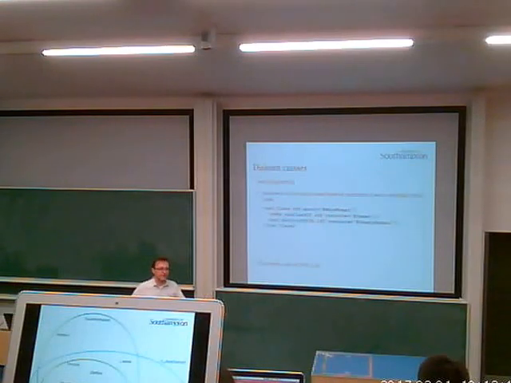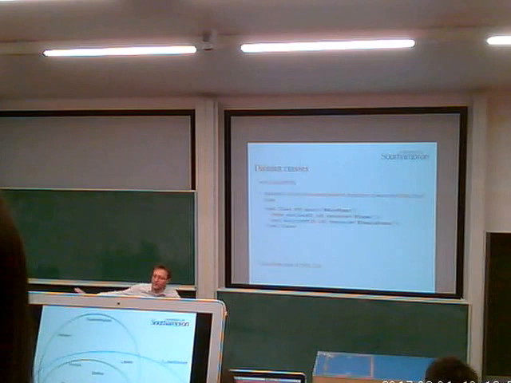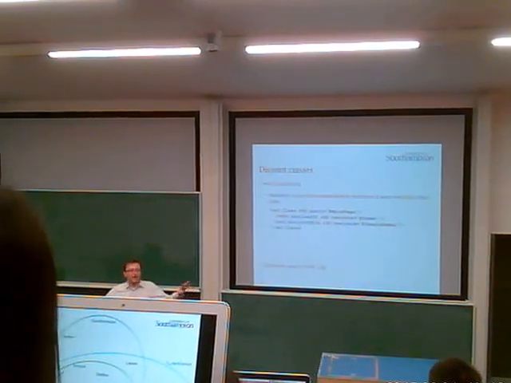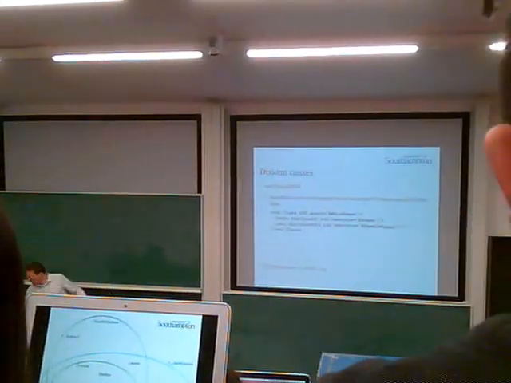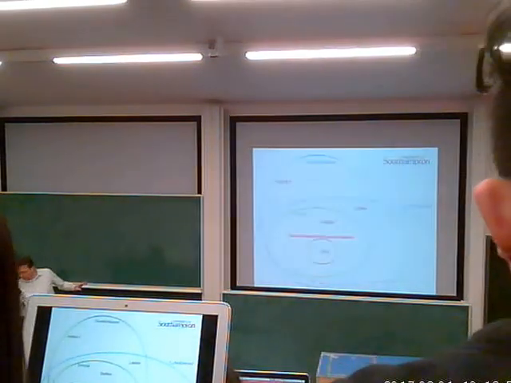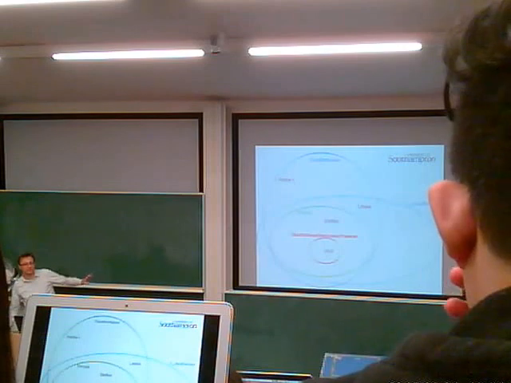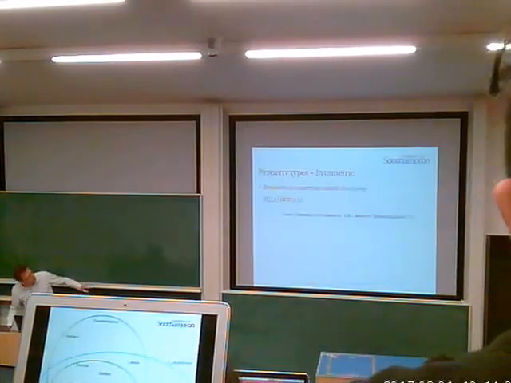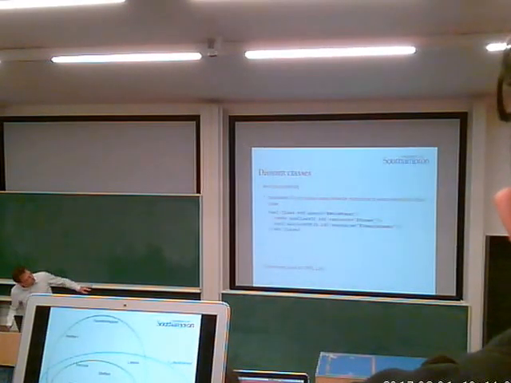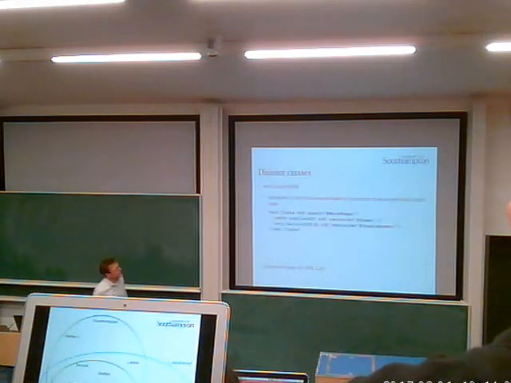So we can talk about classes being the same. We can also say that two classes have nothing to do with each other. That means they don't have any overlap. Like here we have all these nice overlaps in this picture. We could say that two of these circles are completely disjoint because they don't share any instance. And that's what disjoint class is about.